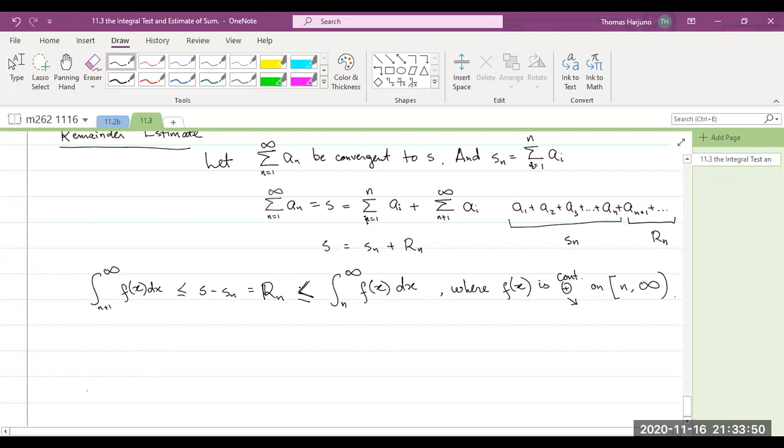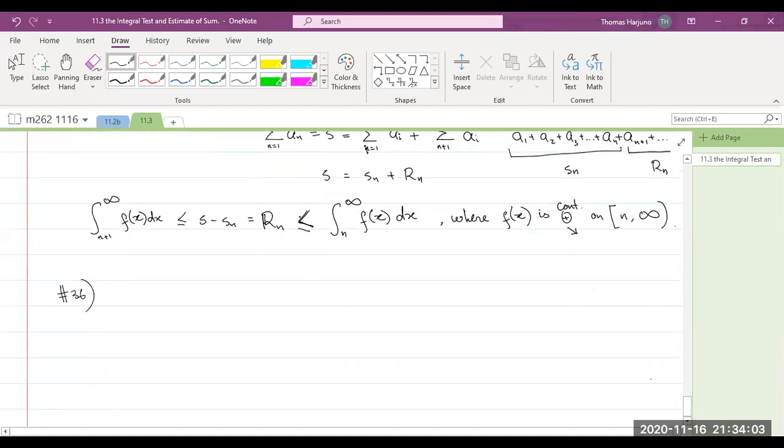Okay, now let's see a question, for example, number 36 first. I try to do two problems. We have this series, the p-series when p equals 4. Part A, find S10.